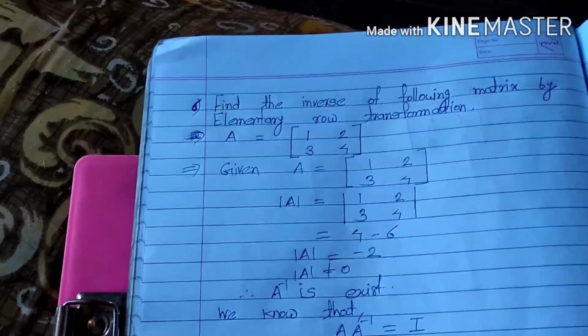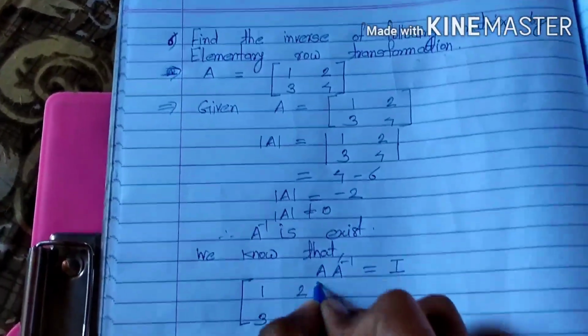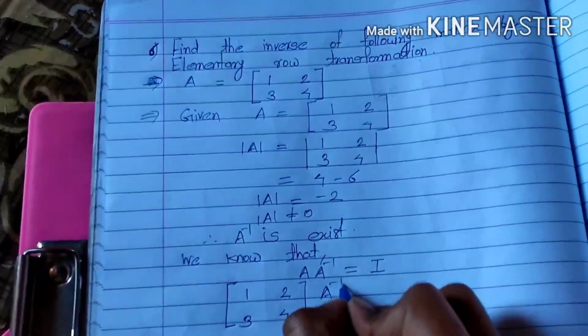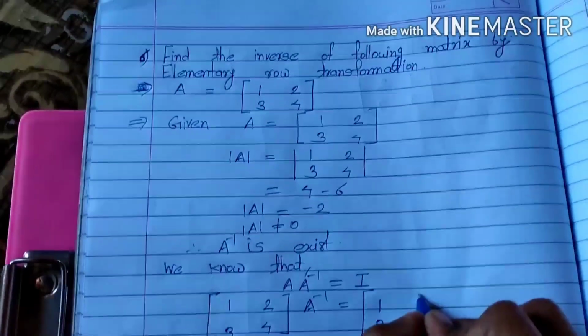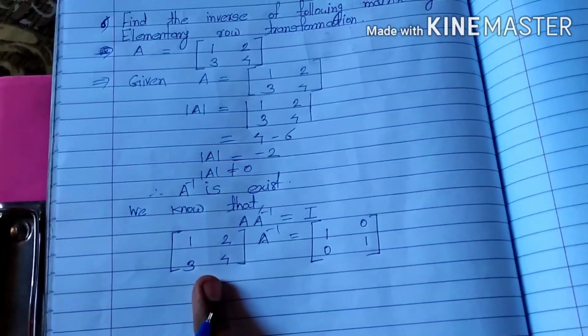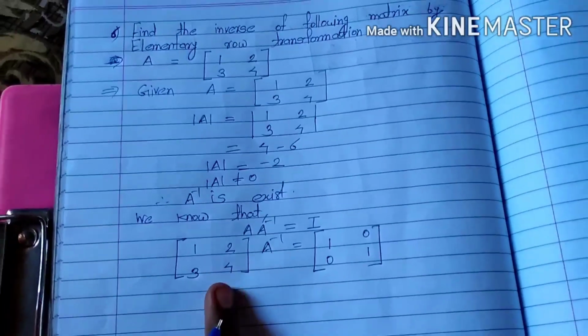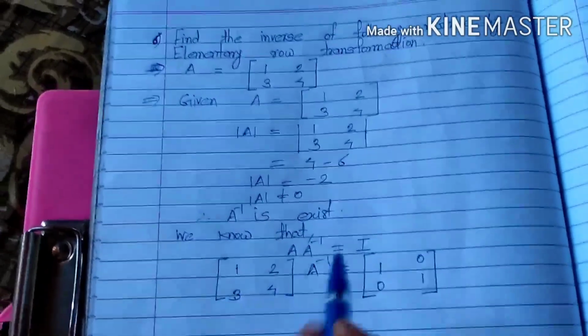So first A is 1, 3, 2, 4 and identity matrix is. So you have to make this A become identity matrix. So here 1, you have to make here 0.